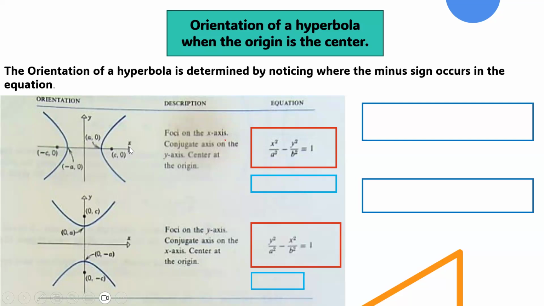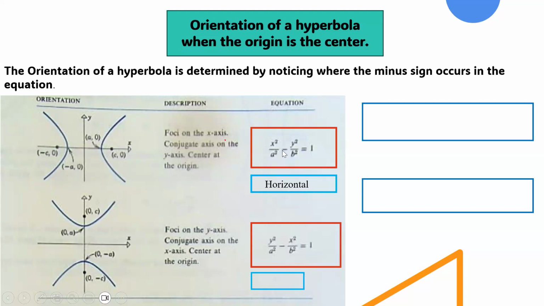So when our foci are on our x-axis, then our hyperbola will look like this, and our equation will be x²/a² minus y²/b² equals 1. And we can say that this hyperbola is horizontally oriented.